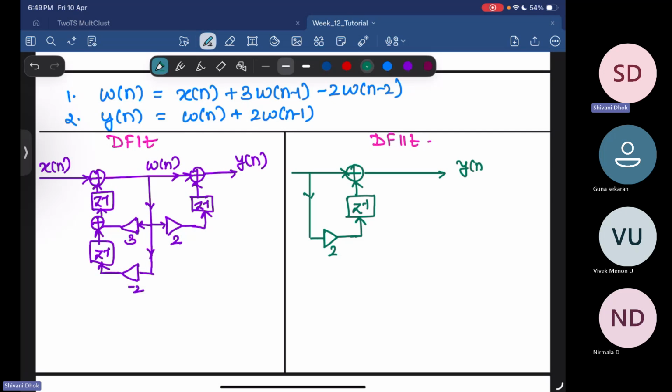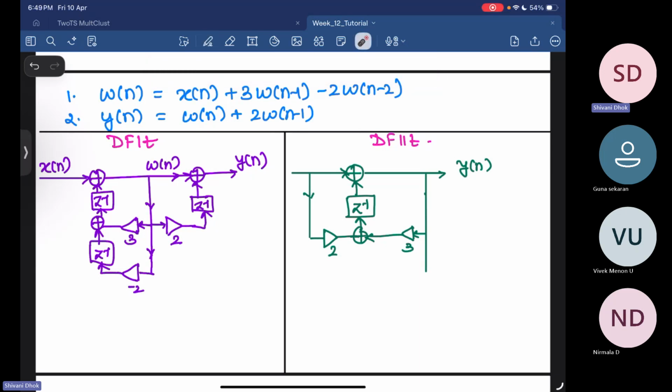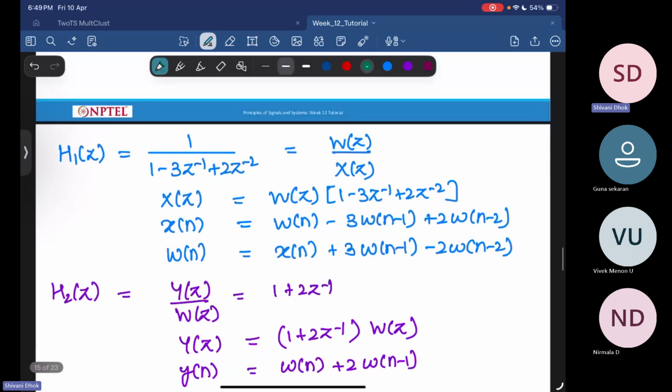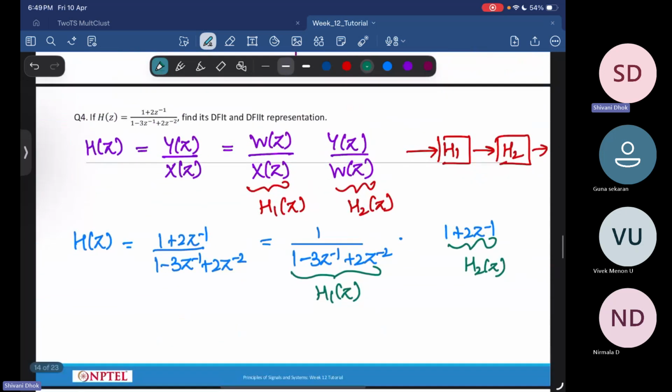This is your y of n. You have an adder block here now. Now you multiply this by a factor of 3 like this. So this is basically your y of n minus 3 times y of n minus z inverse, which is the thing that you have in your output.